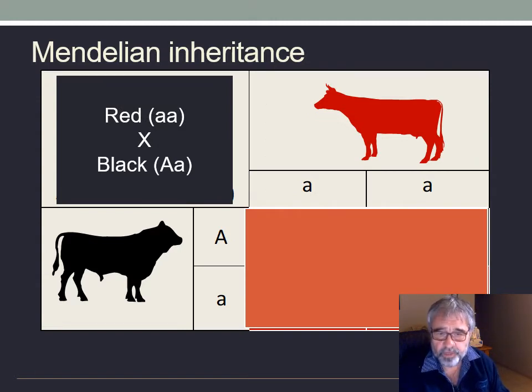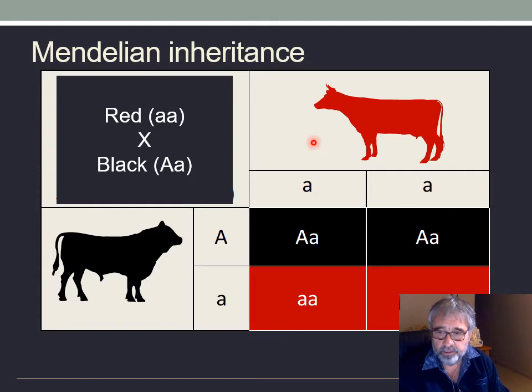What if I mated a carrier bull, that's a bull with the dominant black, but he also has the recessive red gene? If I mated that bull to a red cow, what can we expect, or what would the probabilities be in terms of coat color? This is what we will get.